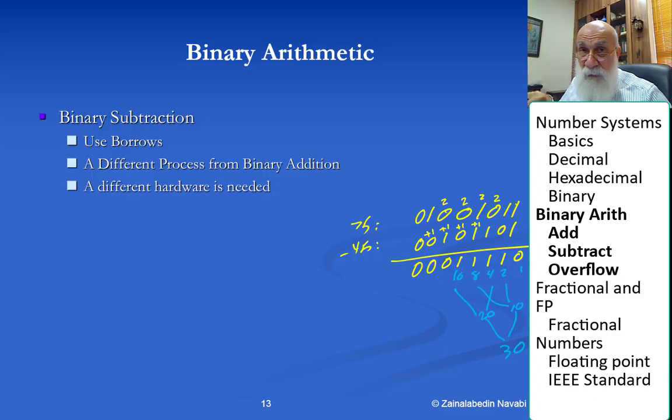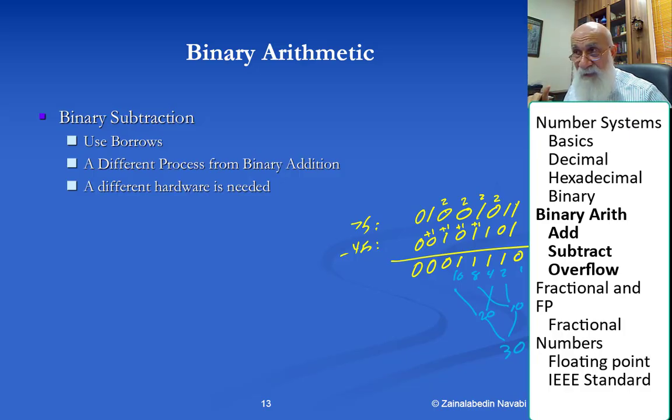If I do subtraction and addition with different mechanisms, then when I need to build hardware for it, the hardware for these two will be different. There will be one piece of hardware built for adding, another piece of hardware built for subtracting. So that's one problem.